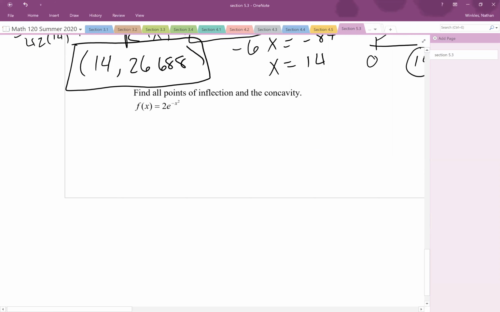So we're told find all points of inflection and the concavity. So f prime of x is minus 4x e to the minus x squared.